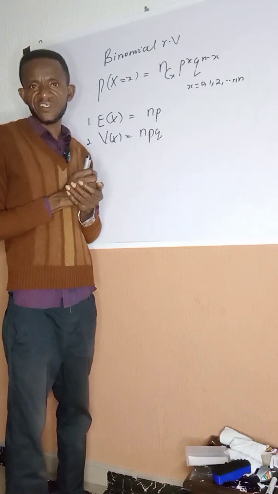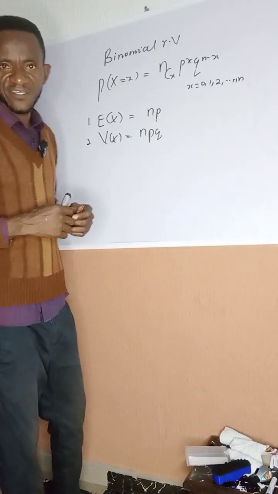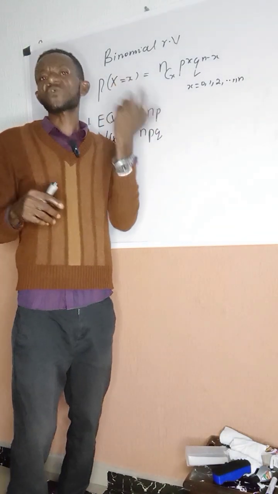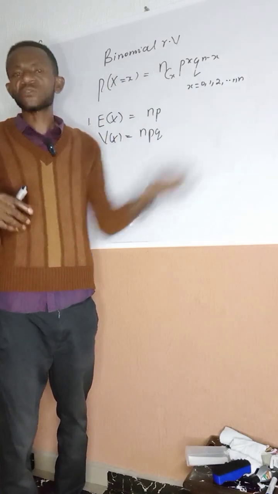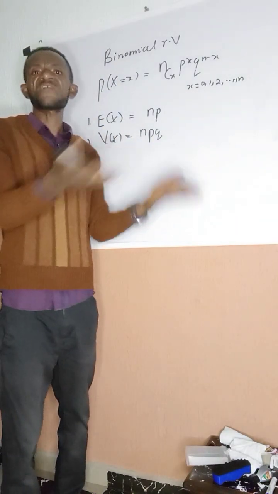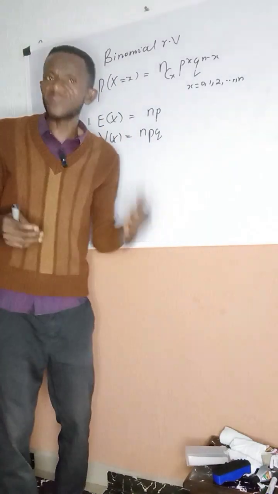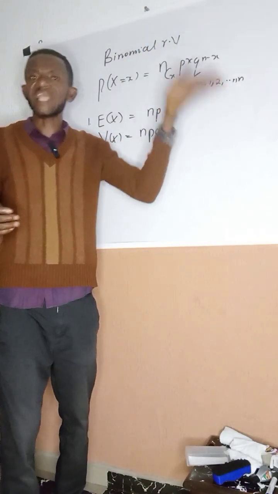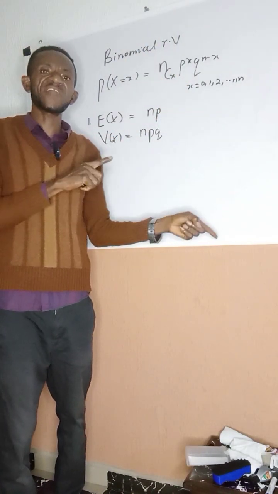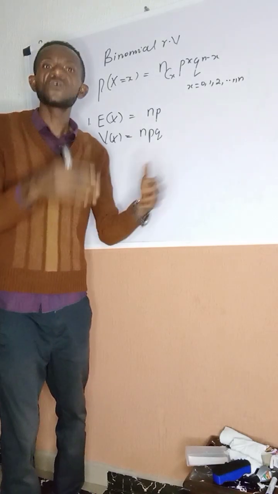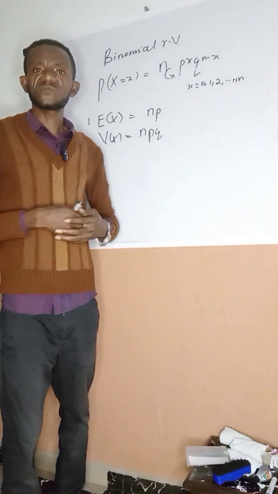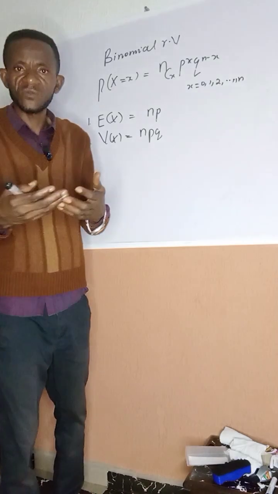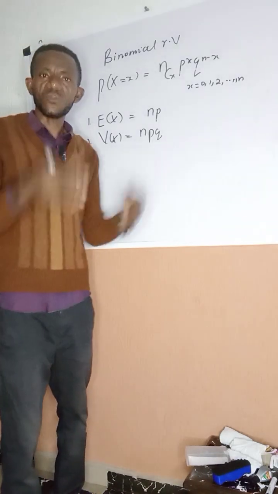So somebody can say, if a random variable X that can assume two possible outcomes is repeated up to 5 times, and the probability of success, which could be getting a head or getting a tail, depending on what they define as success, is 1/2, what is the expected value of that random variable, and what is the variance?